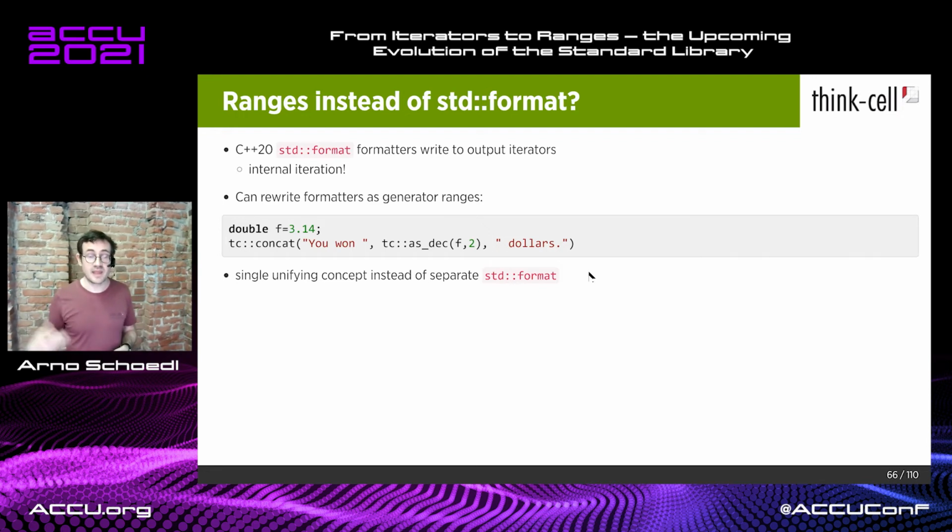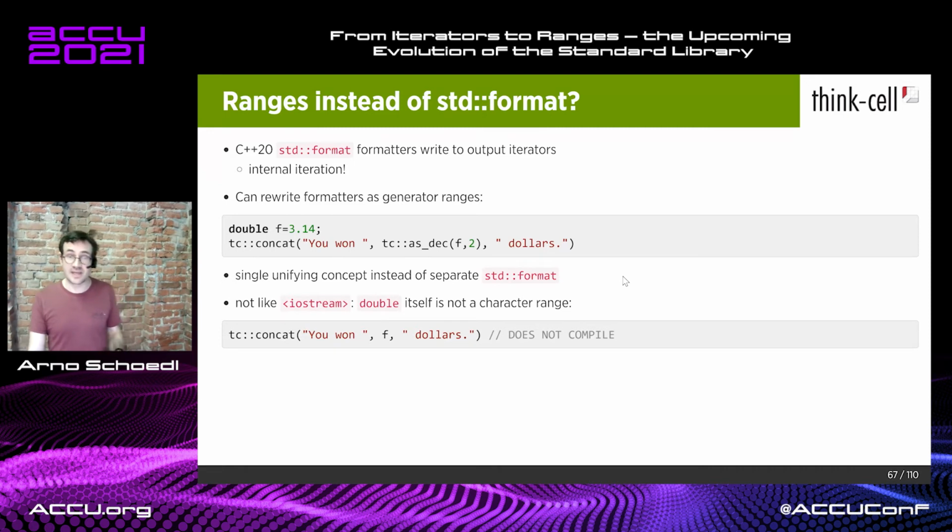And then you just have this thing as a single concatenated range. And when you just write it like this, it doesn't get evaluated, right? It's more like an expression tree. It's just an object, and only when you start iterating over this object, then it would actually do work. And I think it's nice to have a single unifying concept for text formatting and for the ranges we use elsewhere in the program.